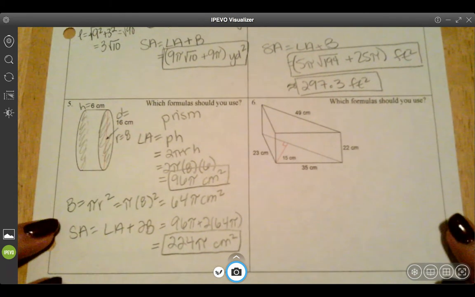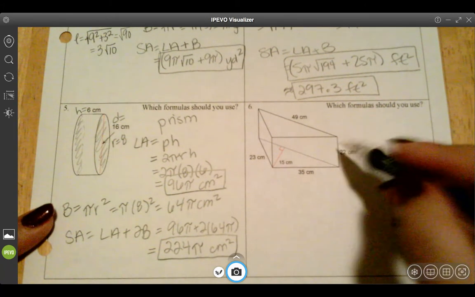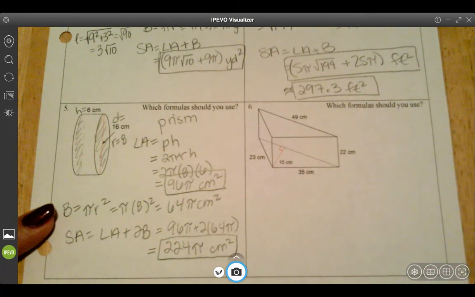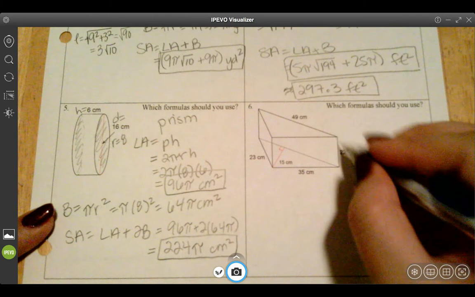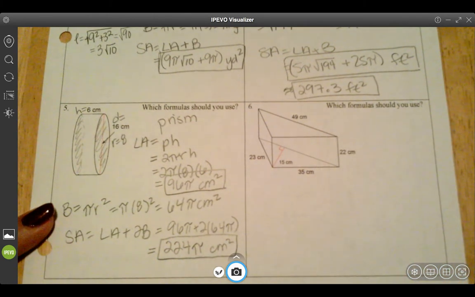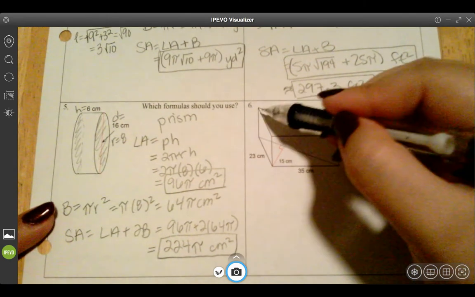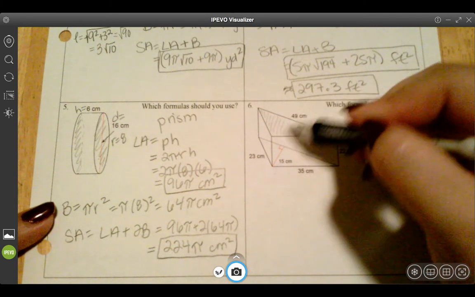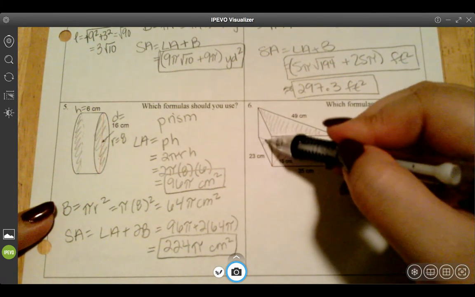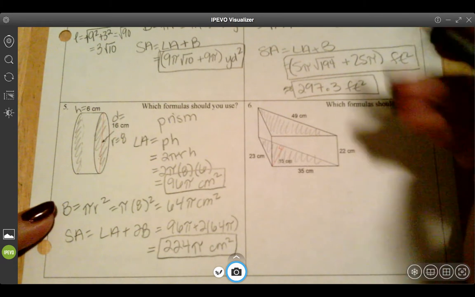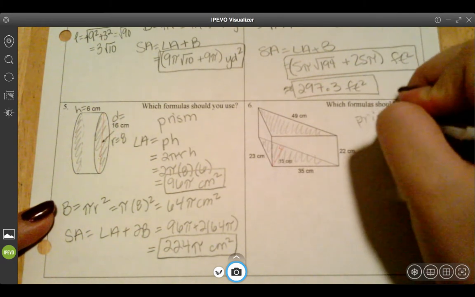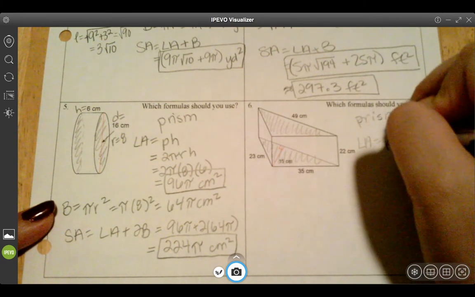And lastly, here we have a prism or pyramid. It has corners, but it doesn't have a vertex that all of the sides converge to. You can also say it has two flat sides here. So that is a prism. Lateral area is pH.